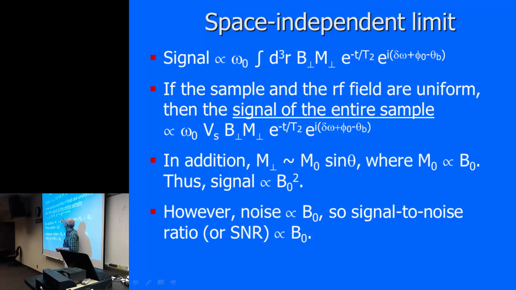Your MR signal is proportional to this quantity, and Vs is just the volume of the sample. So this is what you're going to have.